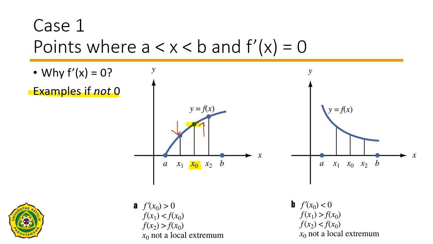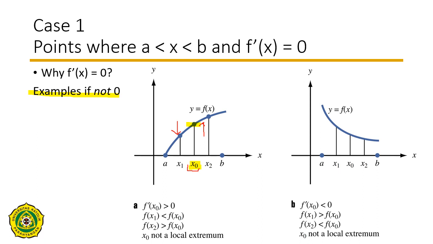Increasing means that before that point there is something lower, and after that point there is something higher, which means that this point x0 cannot be a local maximum. Remember, a local maximum means that that point, compared to its neighbors, which are relatively close to that point, is the best. Here, that is not the case.